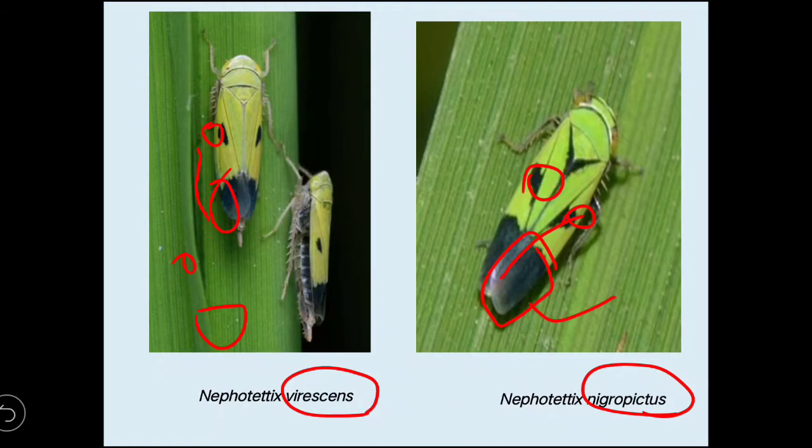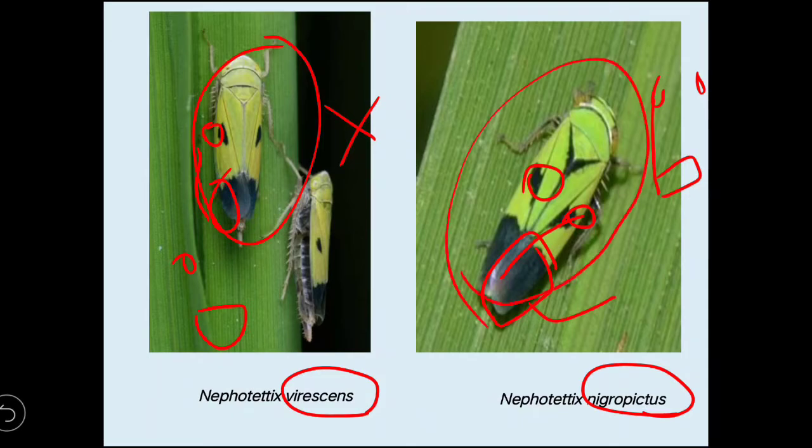In nigropictus the two black dots extend and meet the apical black band, whereas in virescens the two dots are not extended. This is the major difference, and virescens is green in color, whereas nigropictus is dark green in color.